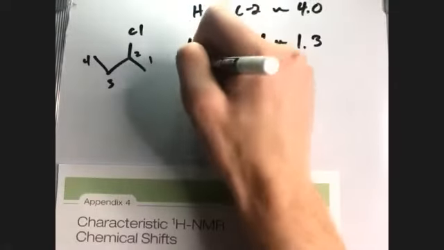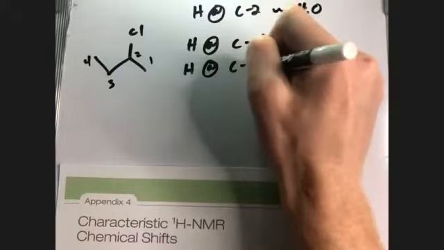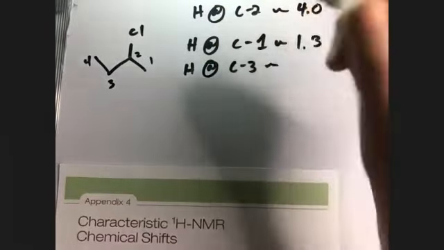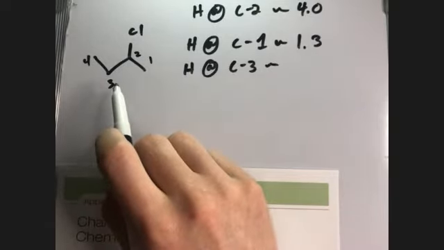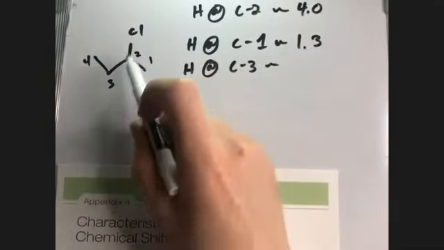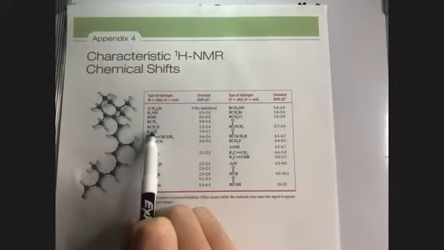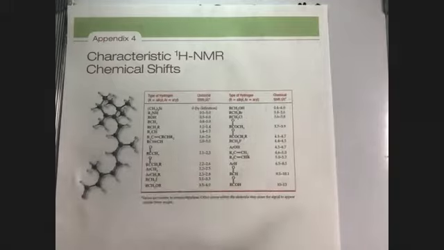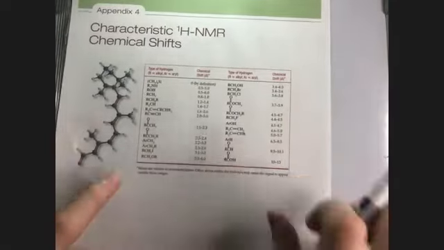And then at carbon 3 now, similar idea. We're going to expect it to be more shifted downfield than normal because the R group has a chlorine. So again, there's this long range effect. If we look at our CH2 bound to 2 R groups, which is just like what we have here, the CH2 bound to 2 R groups is 1.2 to 1.4.